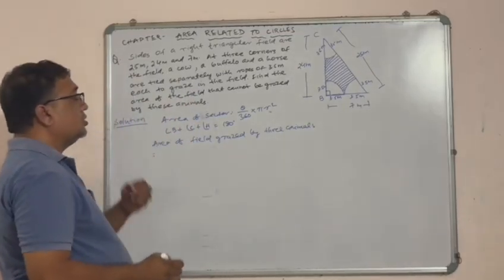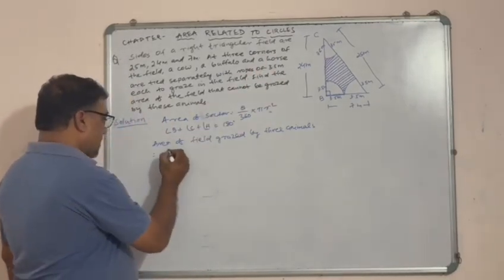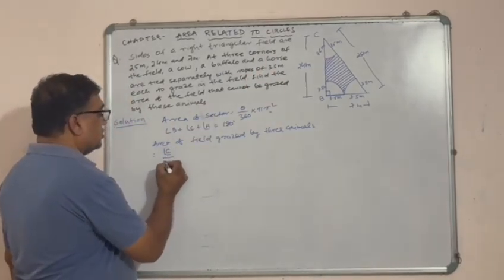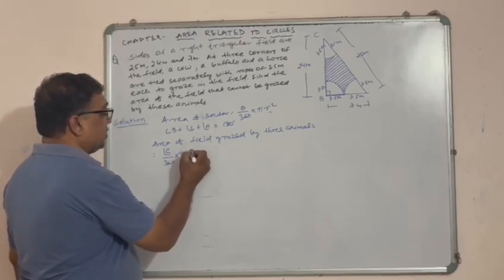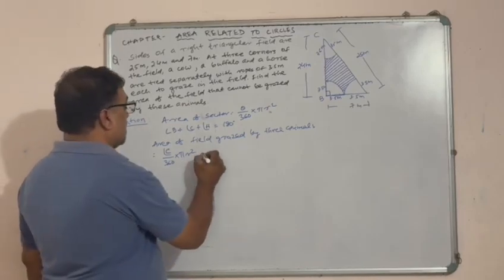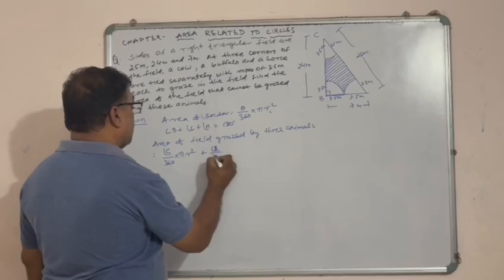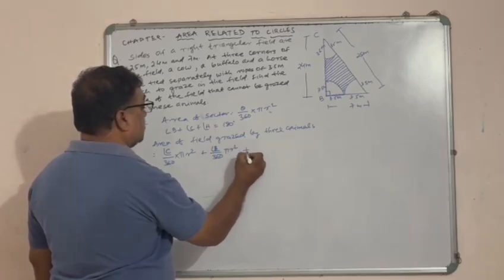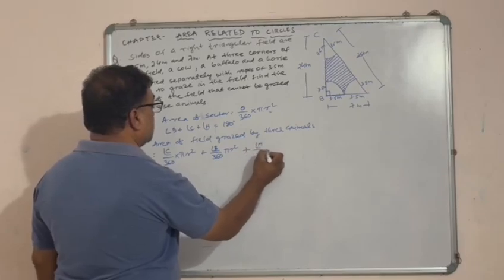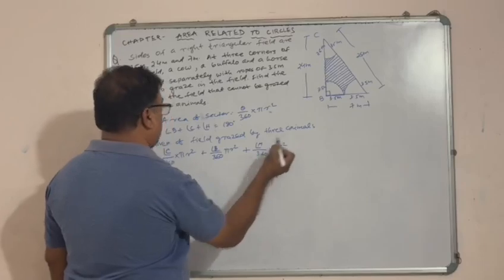It is equal to the area grazed by the cow, which is angle C by 360 into pi r square, plus angle B by 360 into pi r square, plus angle H by 360 into pi r square.